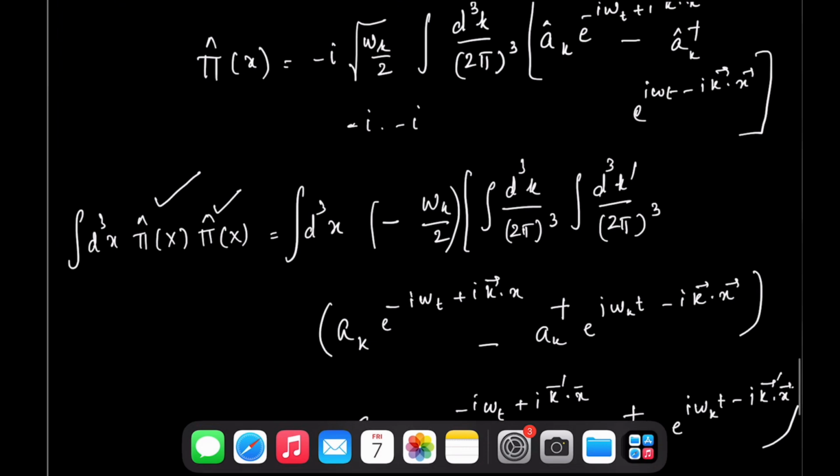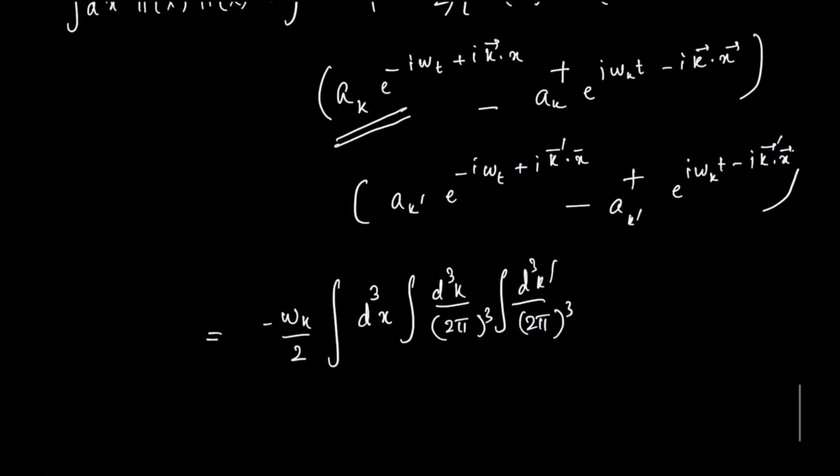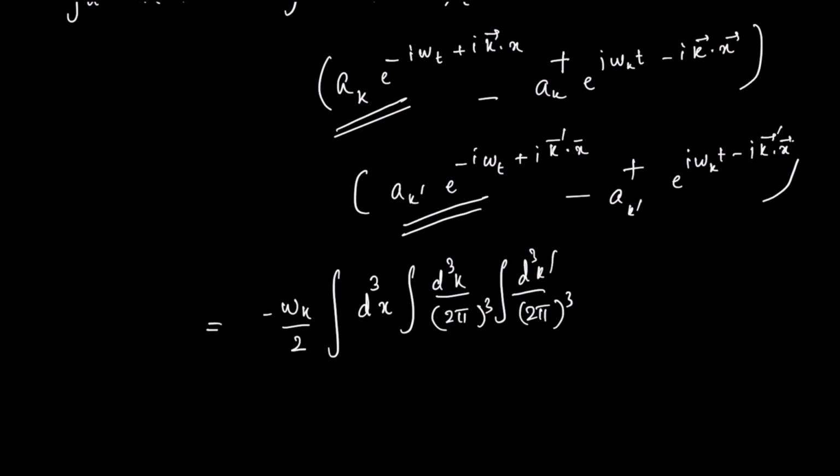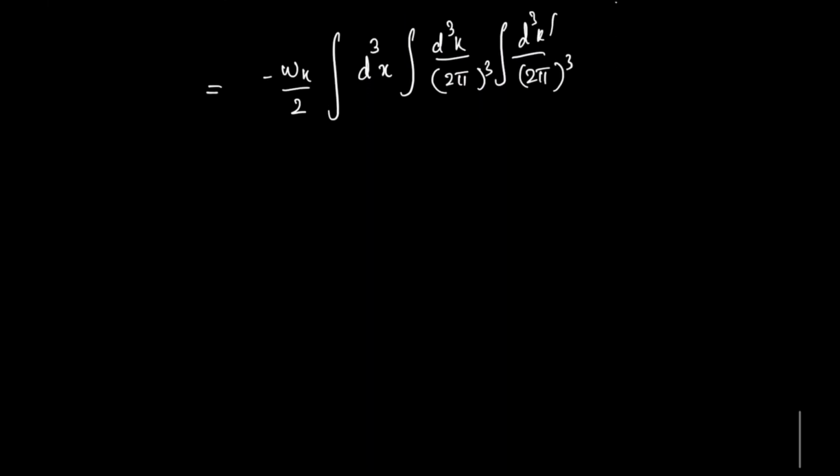Then I have to multiply these brackets. So the first term in the first bracket is multiplied by the first term in the second bracket, and you have to open the bracket. The next term will be the first term in the first bracket multiplied by the second term in the second bracket, and similarly you have to do it for the other terms also.